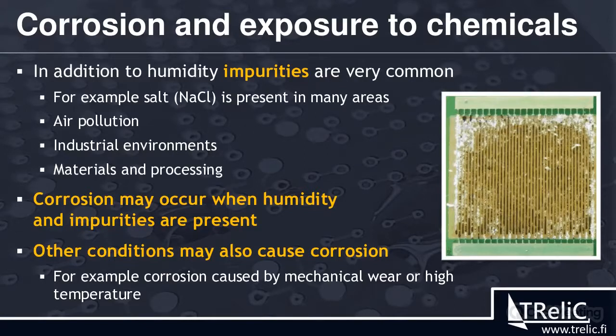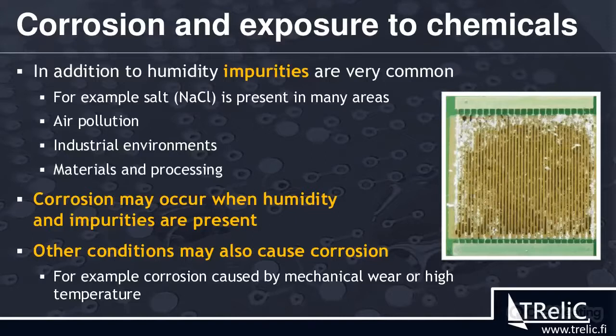In some urban areas, there is lots of air pollution, and then you have sulfuric compounds and also nitrogen dioxide, which are all corrosive. Also, chlorine is typically present. Industrial environments, some of them are very, very bad. For example, water treatment plants are very, very difficult environments from a corrosion perspective.